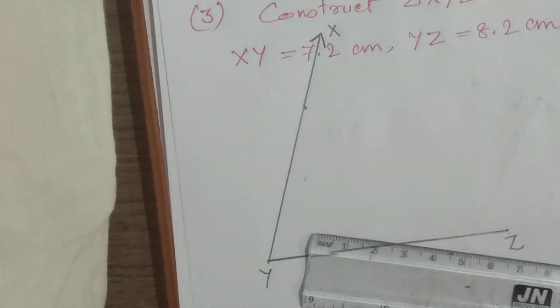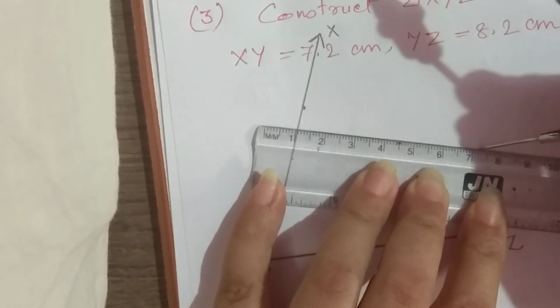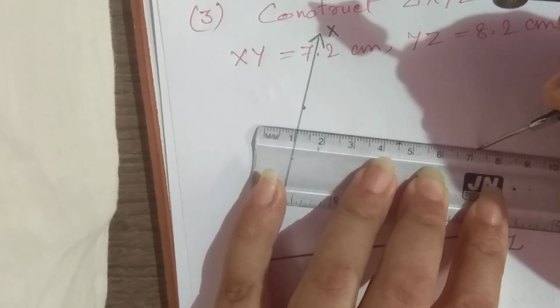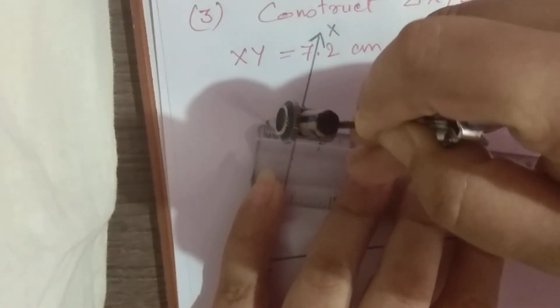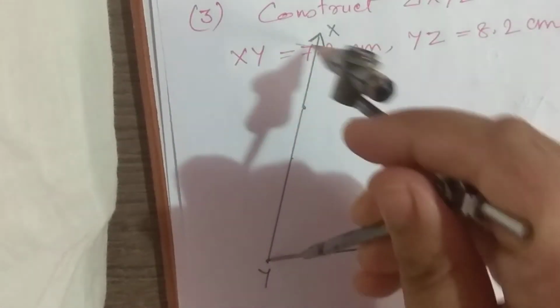Now I will take a radius of 7.2. Here I have placed it at Y and I have given an arc.